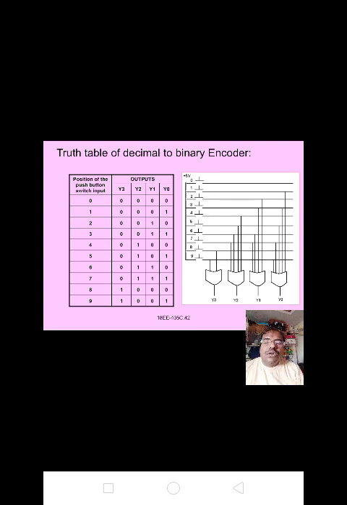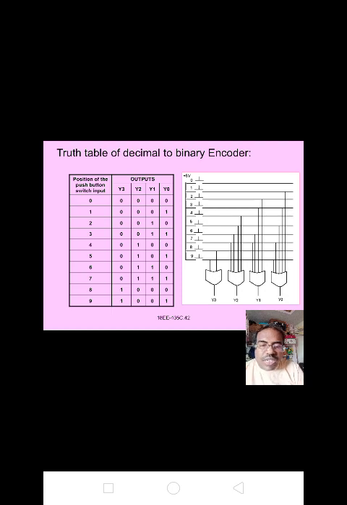Next, truth table of decimal to binary encoder. The position of the push button switch input is 0, 1, 2, 3, 4, 5, 6, 7, 8, 9.